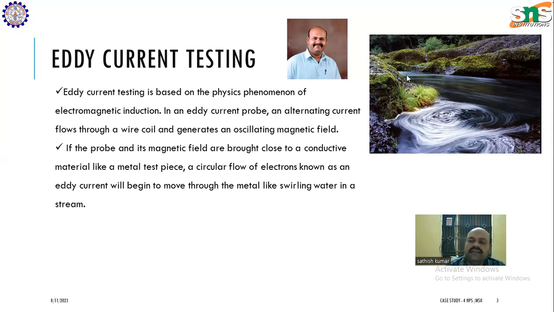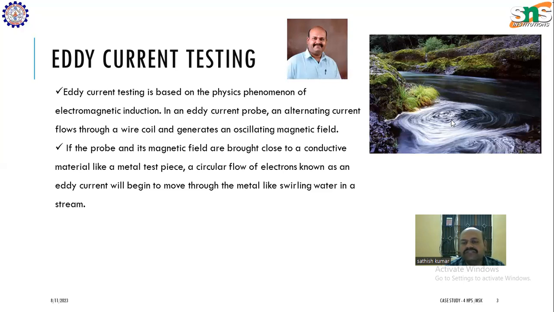The stream gets disturbed by the swirl because of uneven surfaces at the bottom of the river. This can be easily detected with the naked eye, and we could come to a conclusion that the bed of the river is disturbed in this particular place.